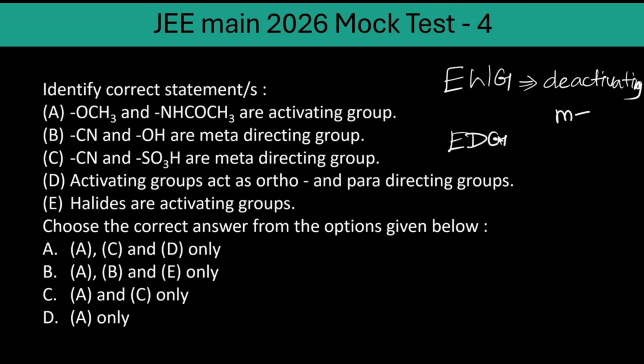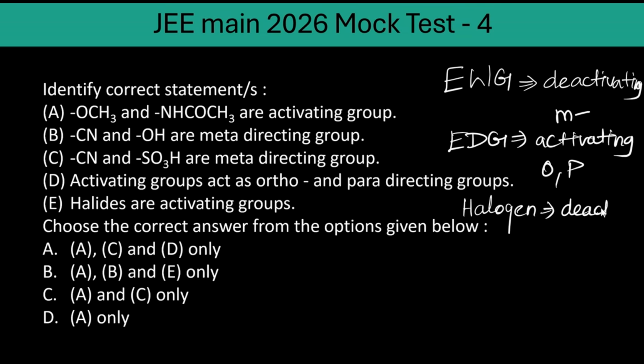Electron donating groups are activating and direct the incoming electrophile to the ortho or para position or both, depending on the reagent. Halogens are deactivating but direct the electrophile to ortho and para positions. So OCH3 and NHCOCH3 are activating, electron donating groups, that is right.